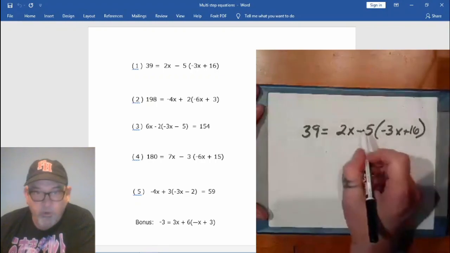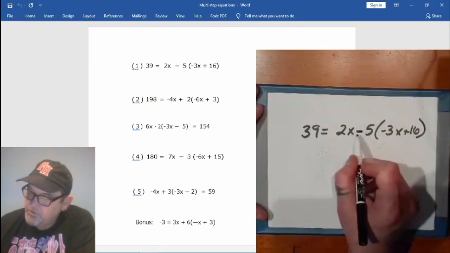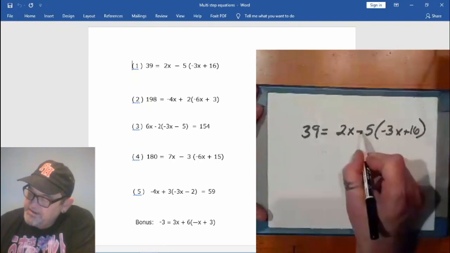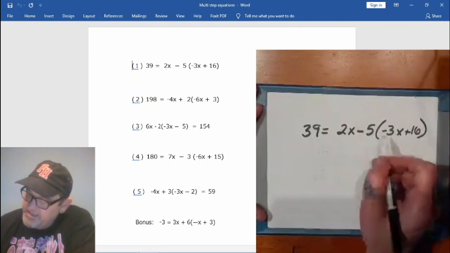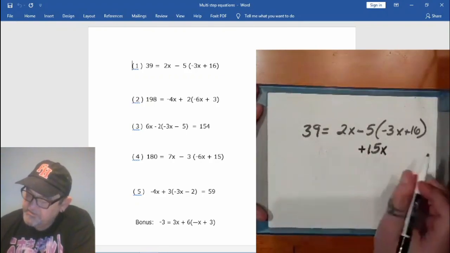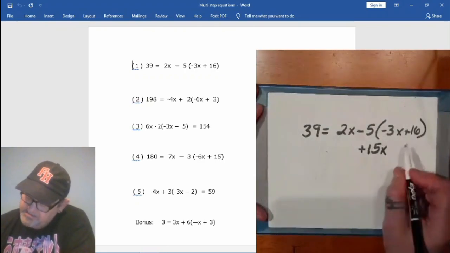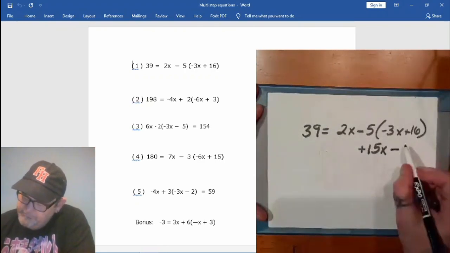First things first, distribution. Remember what I said in yesterday's video: this negative sign goes with the 5. So when we do distribution, negative 5 times negative 3x is positive 15x. And then negative 5 times 16 is negative 80.